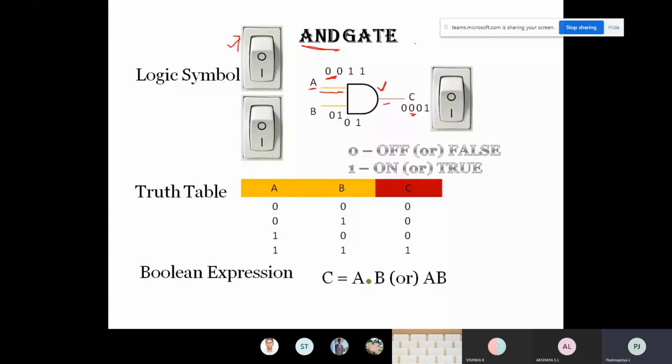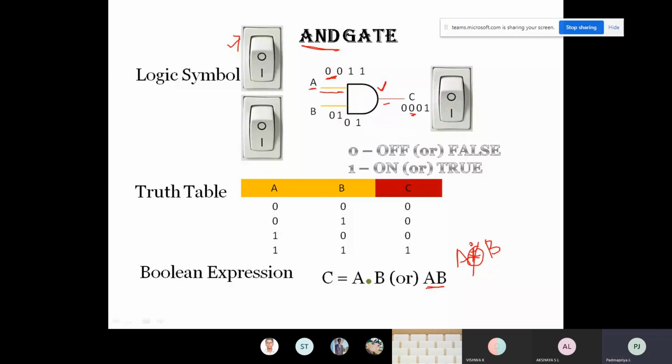Okay, then this is the respective Boolean expression for that. We multiply the two input terms, A and B, that is A into B. Normally we term this multiplication. We are going to process binary multiplication, not decimal multiplication.